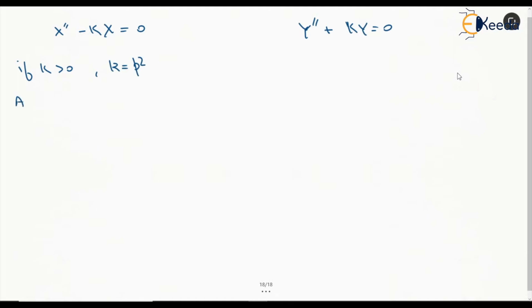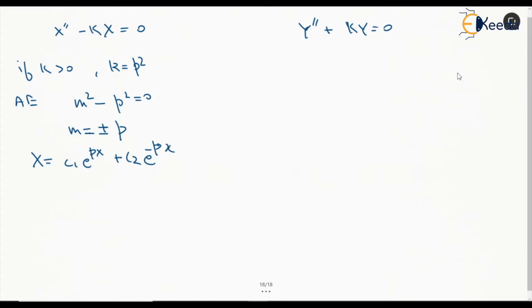The auxiliary equation we will have is m square minus p square equal to 0, or you can say m is going to be plus and minus p. So these are real and different roots, and in this case X will become c1 e to the power of px plus c2 e to the power of minus px.